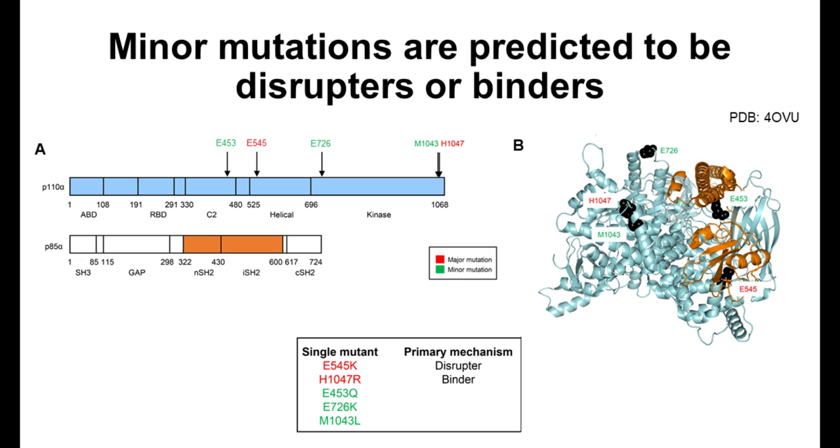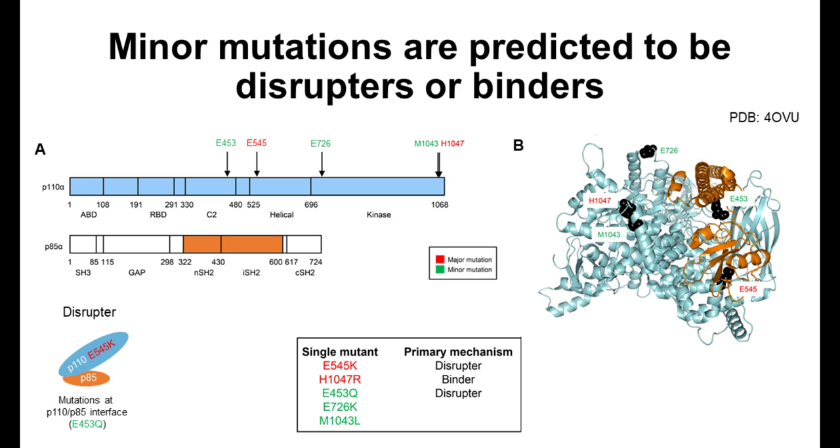As you can see, E453 is located at the binding interface between P110 in blue and P85 in orange. It's right between the orange and the blue. Same thing with 545. 1043 is located very close to 1047 in the C terminus of PI3K. And 726 is located in this loop here, far away from these other mutation sites.